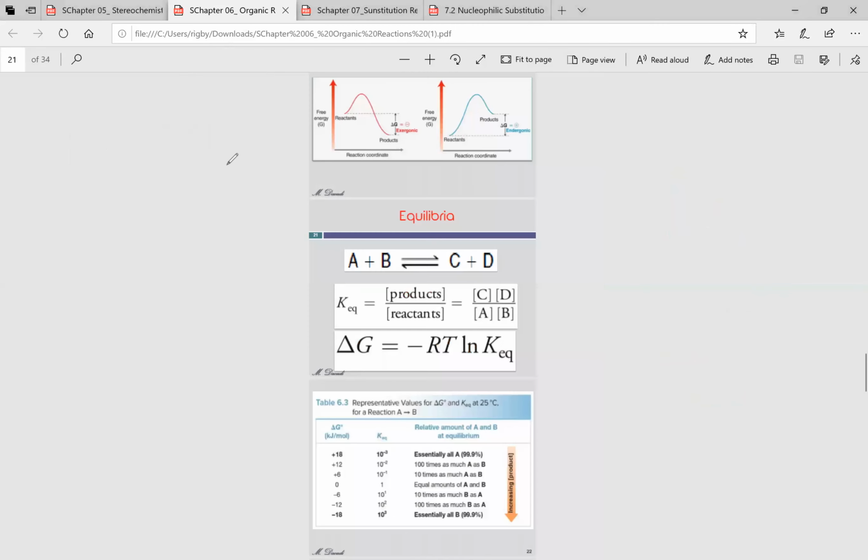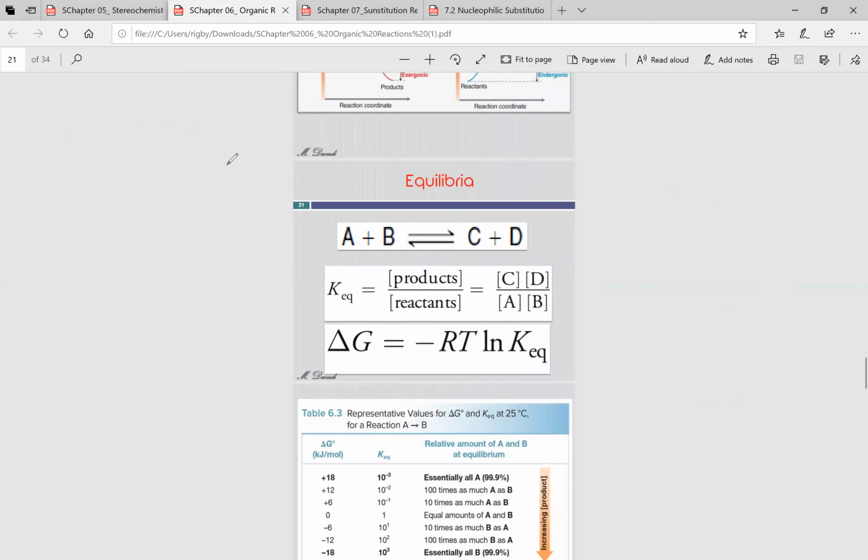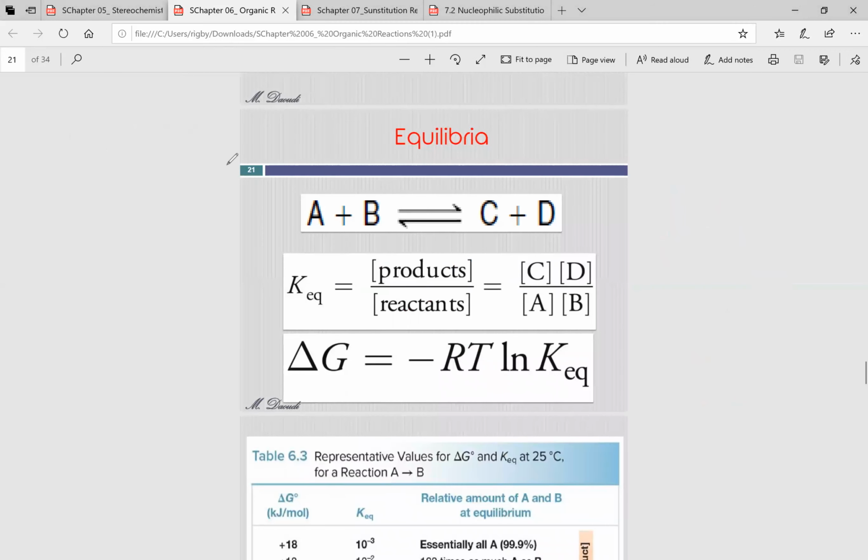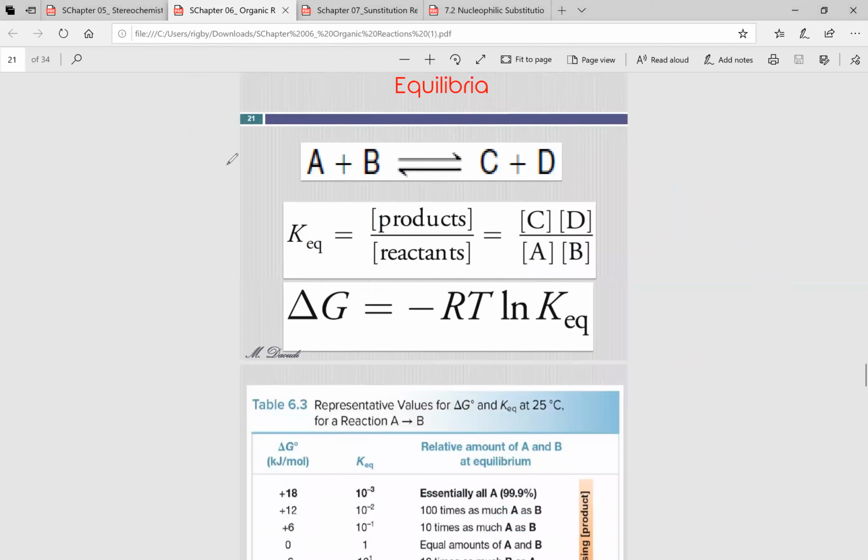Okay, so these couple of equations, I wouldn't worry about too much unless you're going on to the MCAT and stuff. You don't really need to memorize them for this class specifically. Like this KEQ, it's important to know, but not for a test. And then here, when we're talking about delta G, this whole equation is really, really scary.